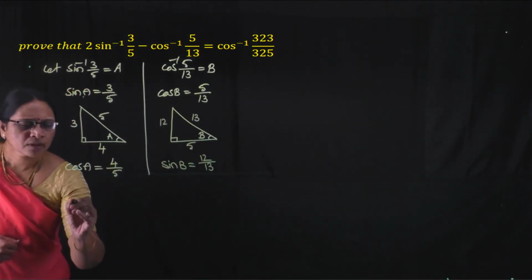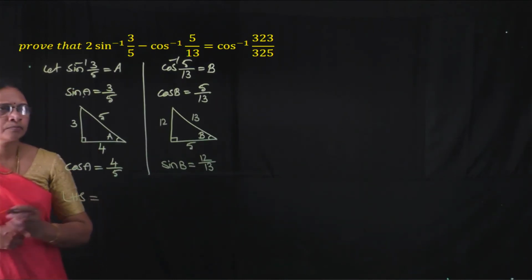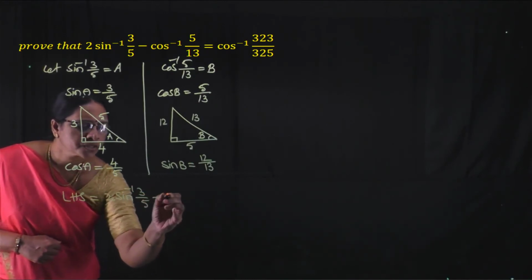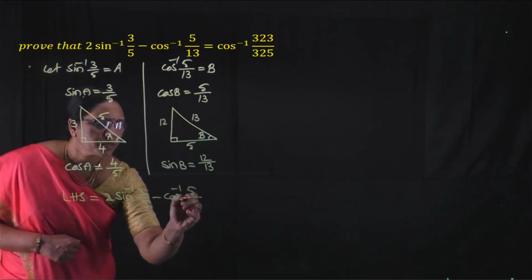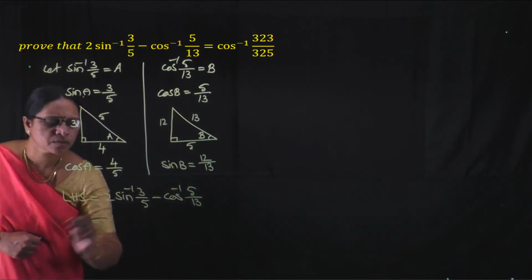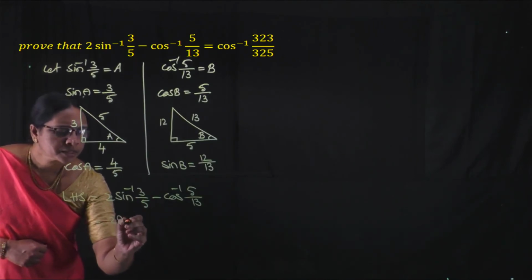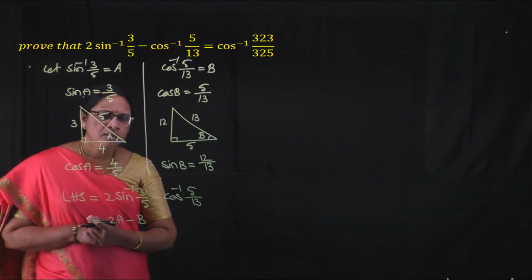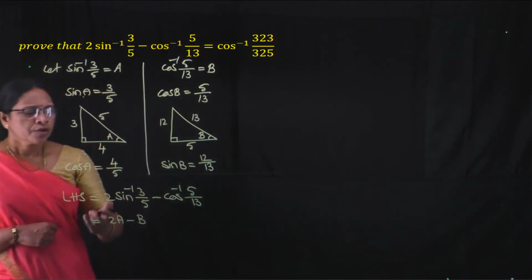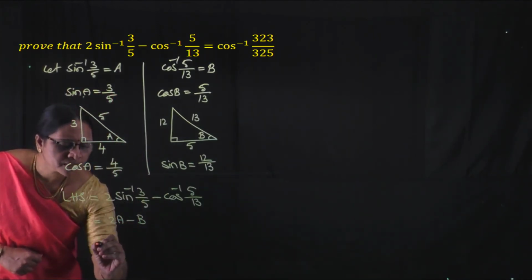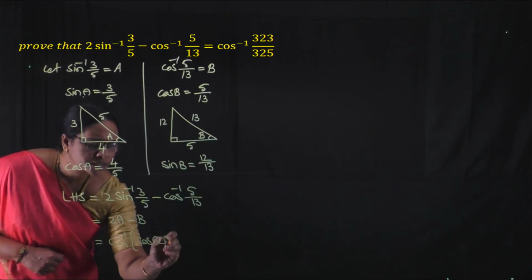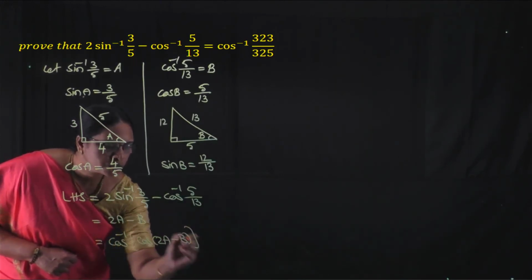Consider LHS part, that is equal to 2 sin inverse of 3 by 5 minus cos inverse 5 by 13, that is equal to 2A minus B. Here RHS is cos inverse of 323 by 325. For this, we have to consider 2A minus B as cos inverse of cos 2A minus B.